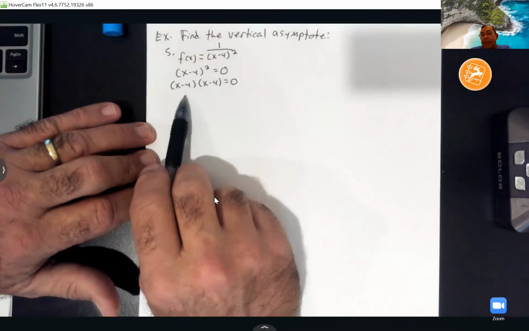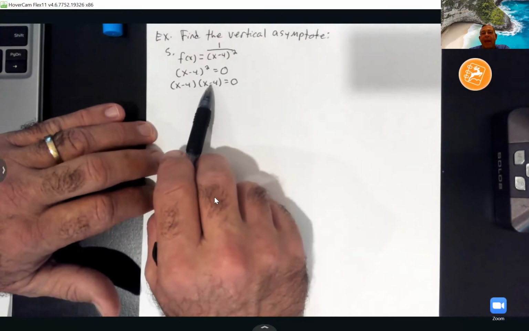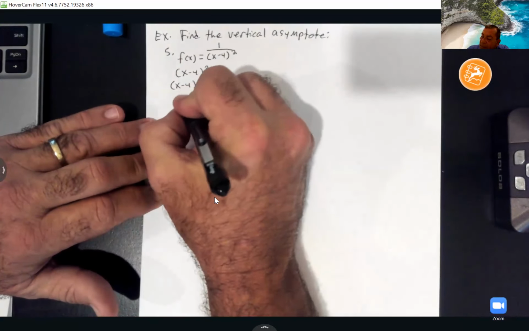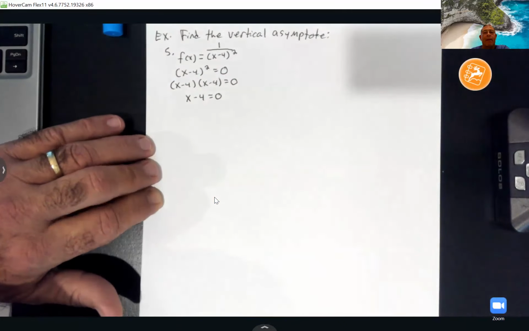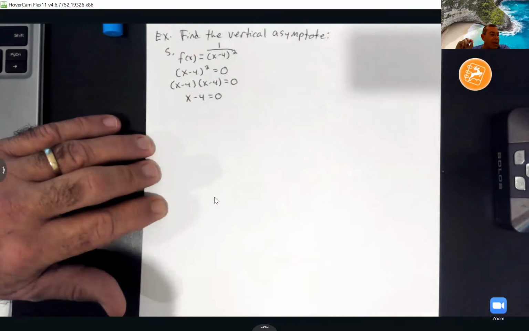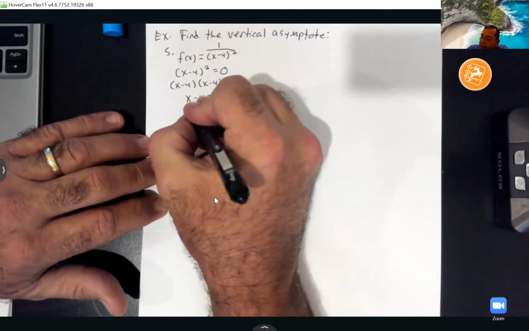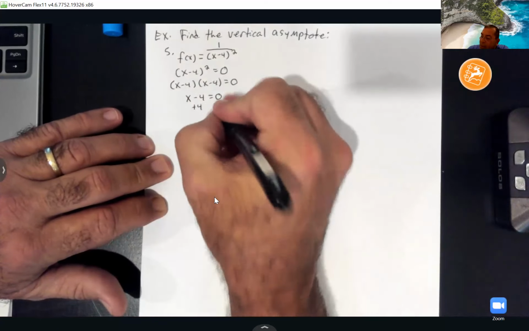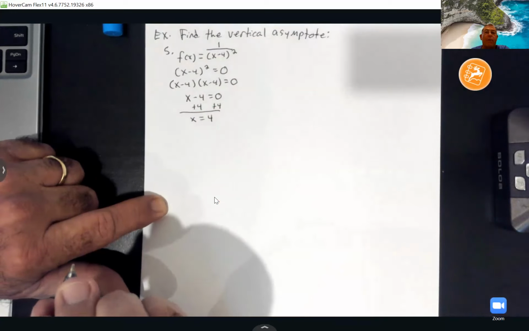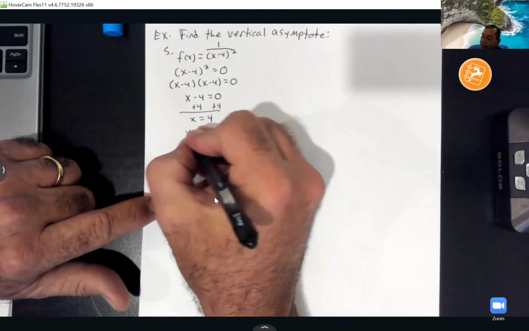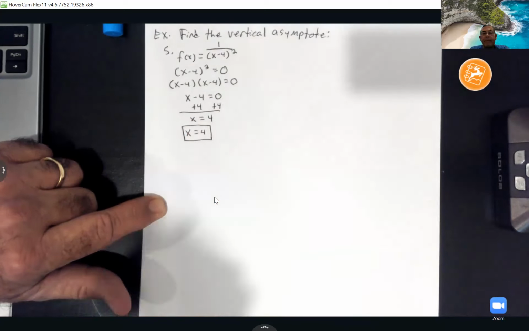Now, here's what's nice about this particular problem. Since I got repeating factors, I don't have to solve this but one time. Okay, so after I solve this, I will then have my vertical asymptote. And y'all, I'm just going to come in and add 4. So I get x equals a positive 4. So MATLAB, that's what it wants right there.